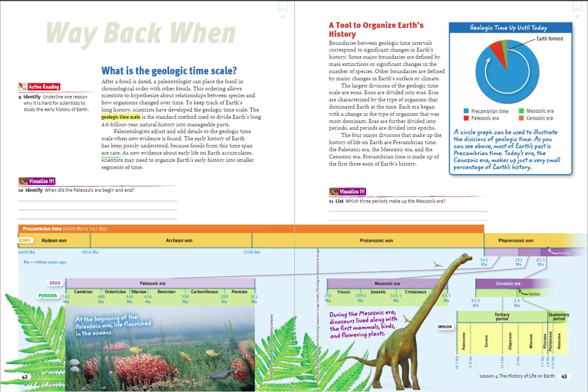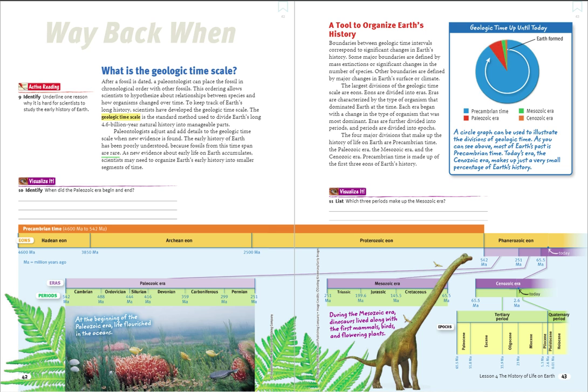Okay? A tool to organize Earth's history, that is the tool that we are going to use. I don't need you to read every single word here, I need you to know the biggest era, and the era that contains the nature of the Earth today, which is the Cenozoic era.